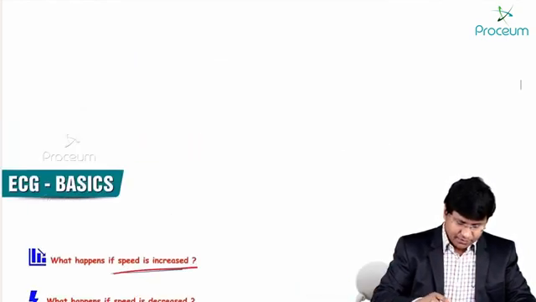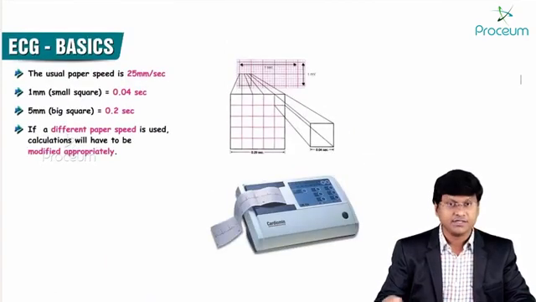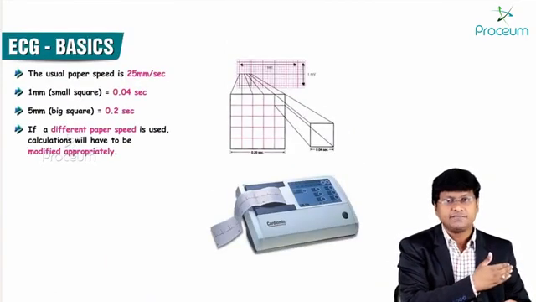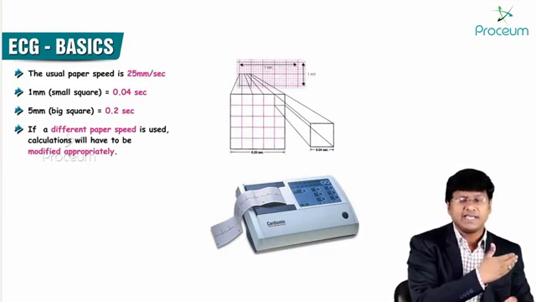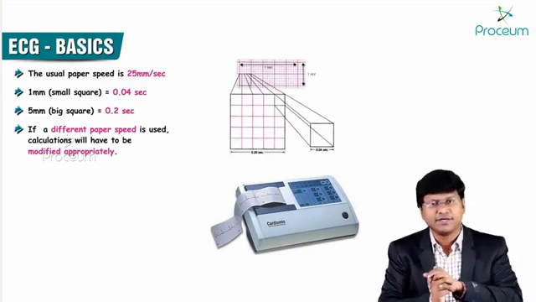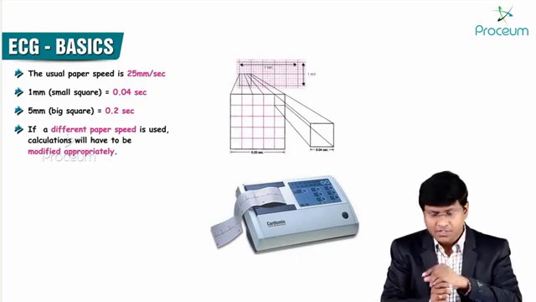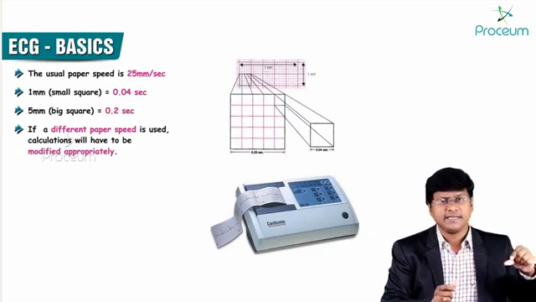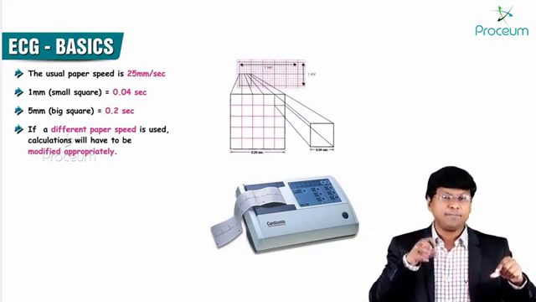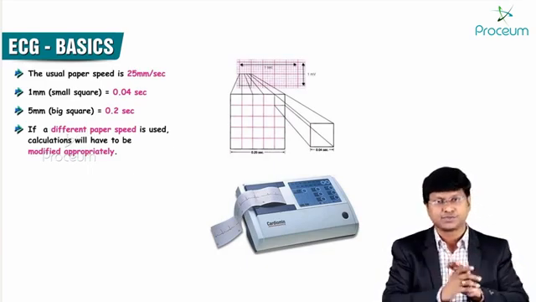Now, if the paper is moving out fast through this ECG machine, what will happen? You just imagine by yourself. When the paper is moving out fast, the electrical activities picked up by the ECG paper will be reduced.